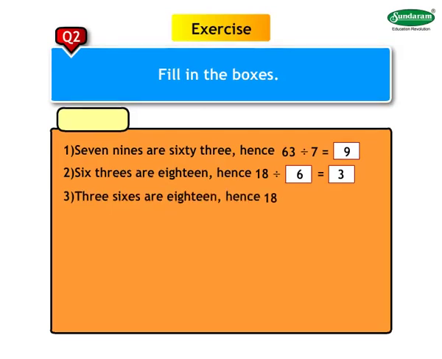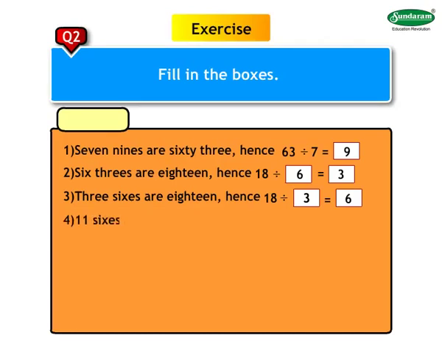Hence, 18 divided by dash is equal to 6. Here, we use the 3 times table. Therefore, 18 divided by 3 is equal to 6.